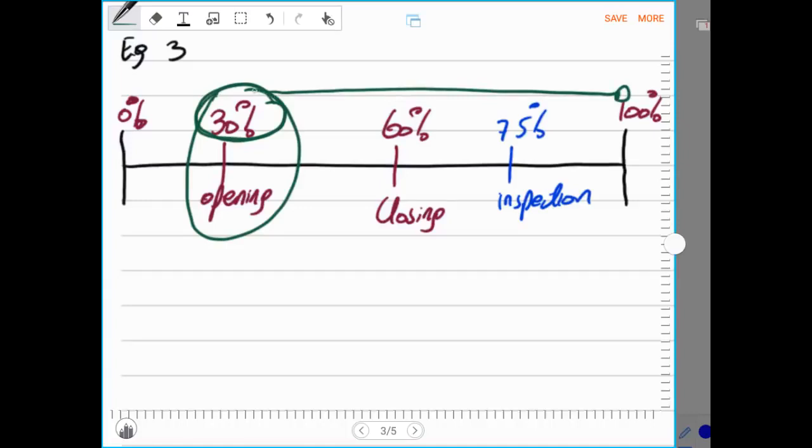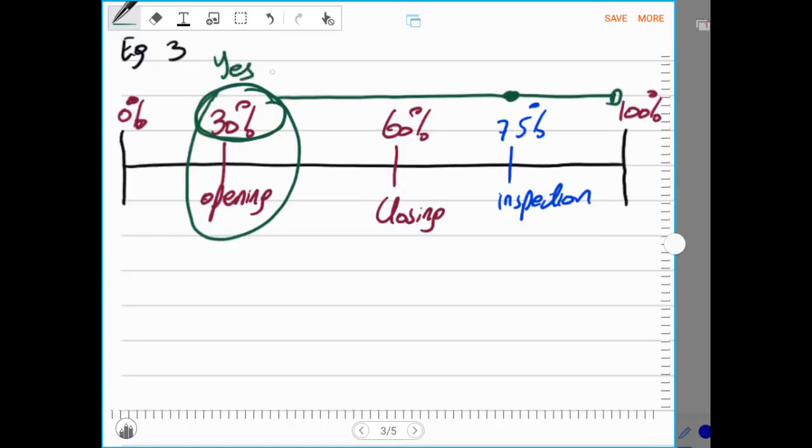Yes, you can see the line has passed the point of inspection. Here is the inspection point, 75%, and it passes it through up to 100%, because 100% is above 75. So the answer is yes, it will pass the point of inspection.